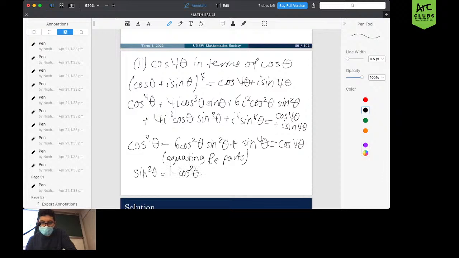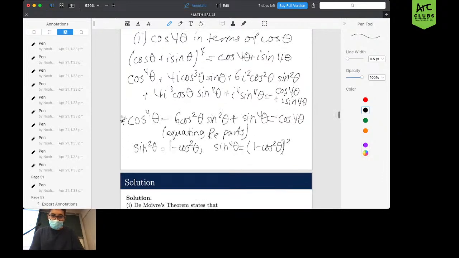And from this, sine to the 4 theta is equal to (1 minus cos squared theta) squared, because it's just sine squared theta squared. Using those two identities, we can simply substitute them into this equation, and therefore we'll be left with a polynomial in terms of cos theta only.